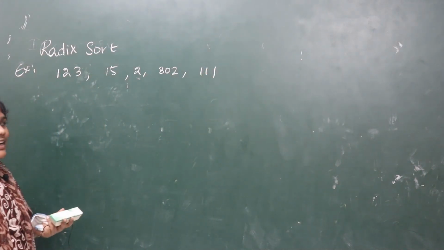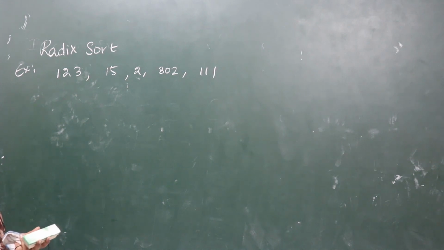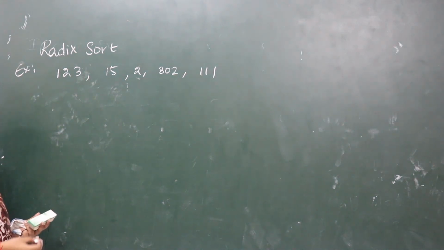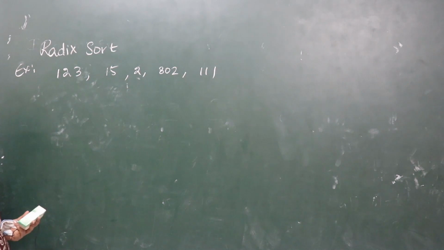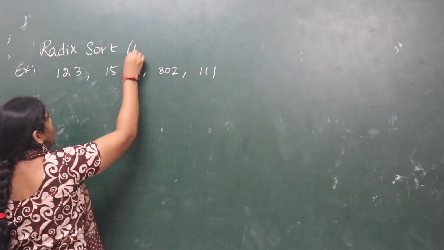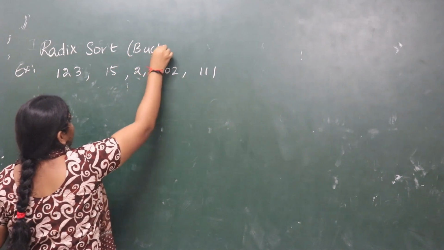If these are my given 5 numbers, or I have taken 5 numbers, how it happens is, and before going to this, radix sort is also known as bucket sort.